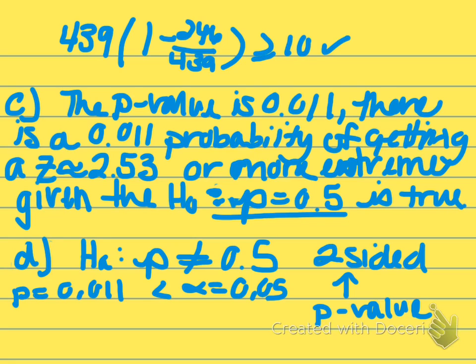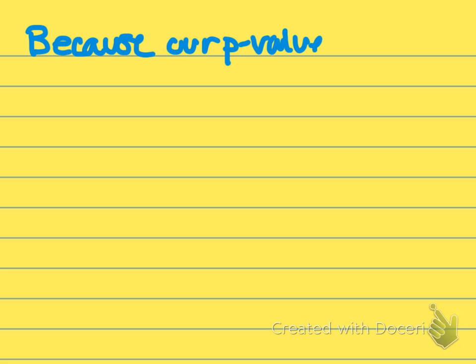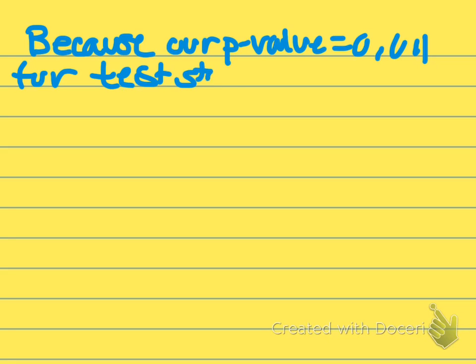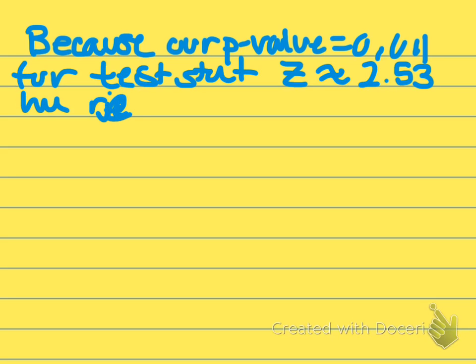So you would state this as, because our p-value is equal to 0.011 for a test statistic of Z approximately equal to 2.53, we reject H naught at alpha equals 0.05.